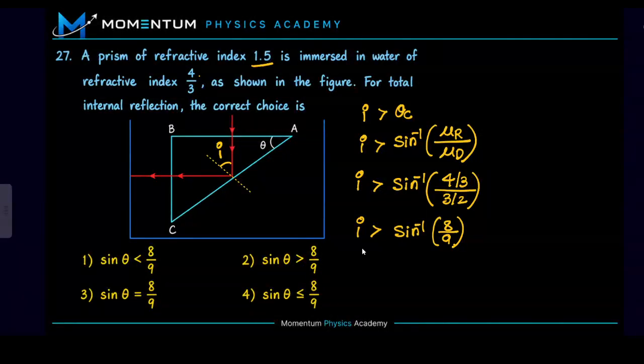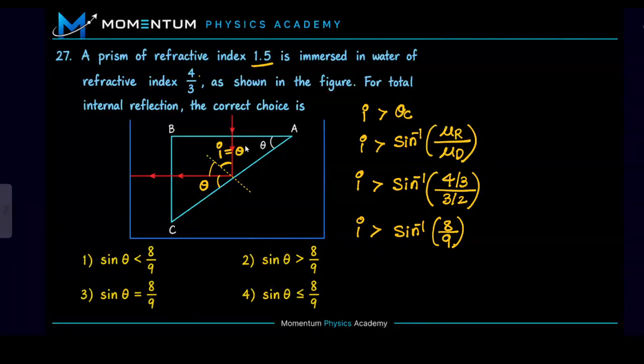Now i must be greater than this much, but we need to focus on theta. So this angle is given as theta, then this angle is also theta. Then this other angle is 90 minus theta. Here i is equal to theta.